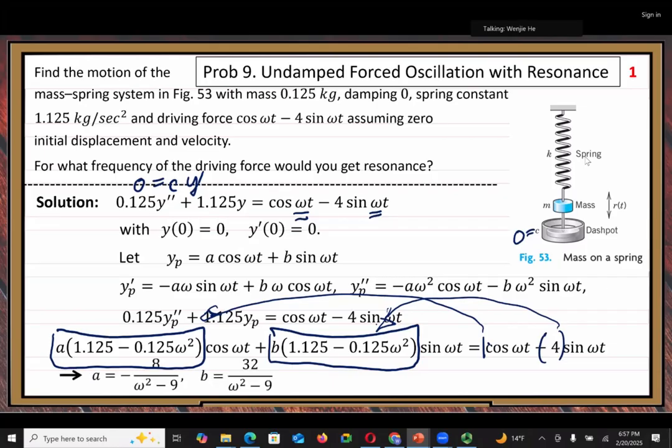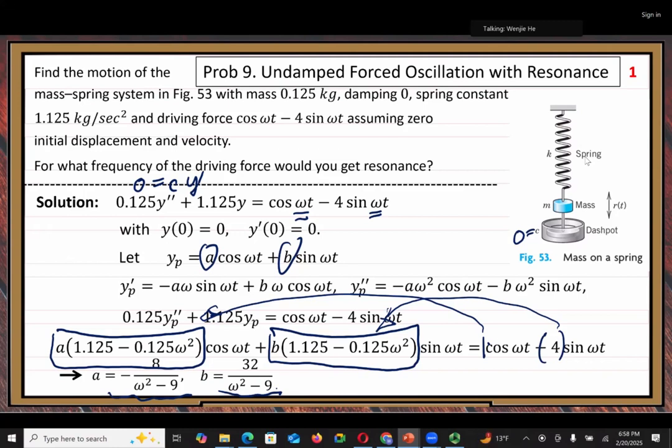Because we set two equations, we can find the undetermined coefficients. A equals an expression related to omega squared and omega, and B equals an expression with omega. Now, when you look at the form of A and B, can you see some potential problem there?